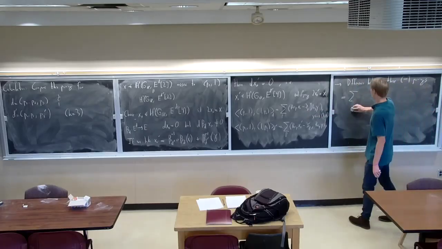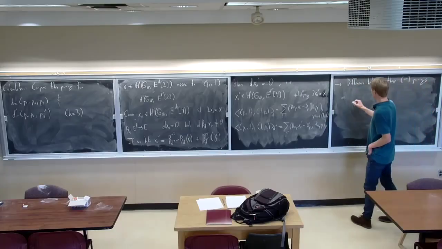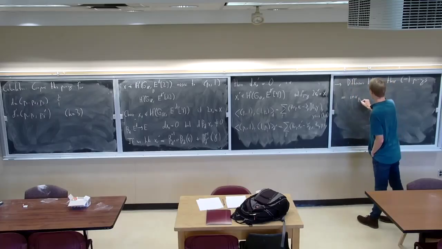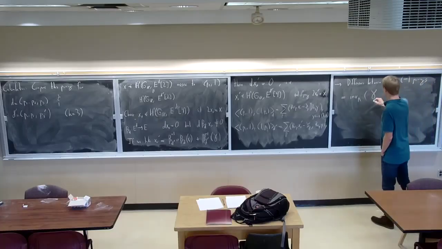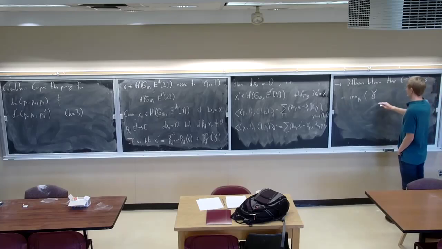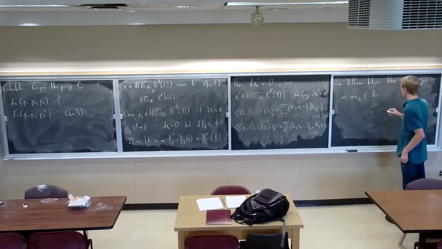So since we're assuming that, the difference between these Cassels-Tate pairings turns out to be given by the invariant map applied at P2 of our element gamma, which is a one cochain. One cochains in general are a little bit unpleasant to work with, but once we take the restriction of it, it looks a little nicer.